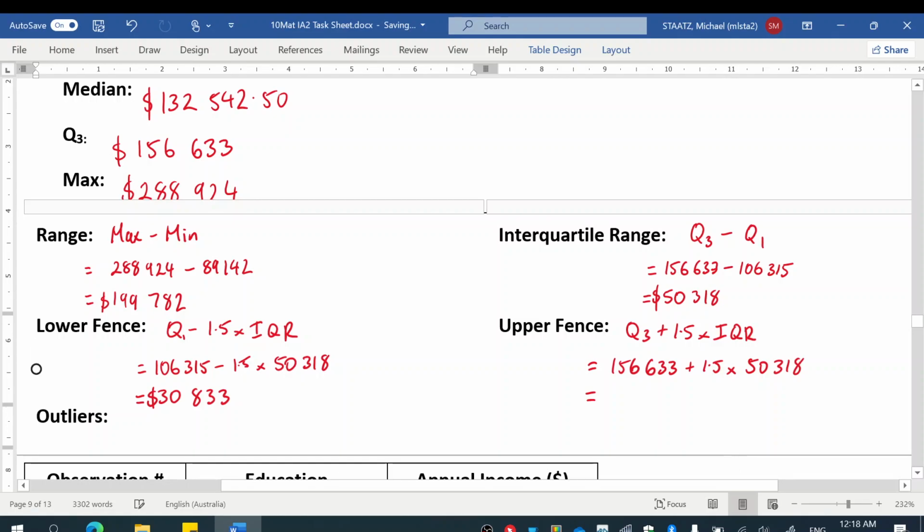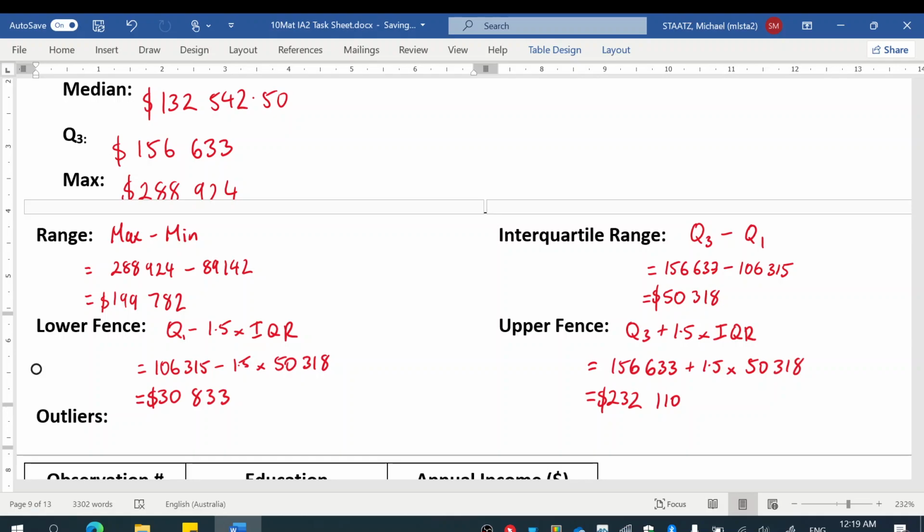And if I put that into a calculator, 156,633 plus 1.5 times 50,318, that's going to equal 232,110.